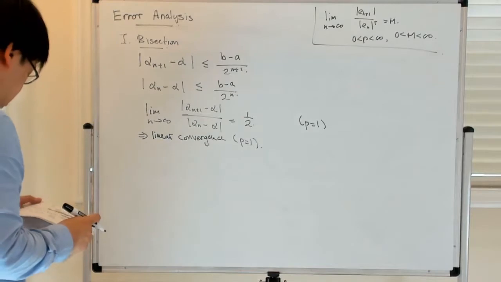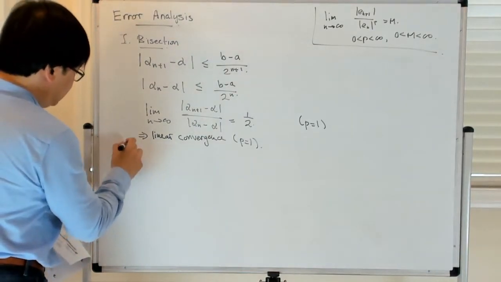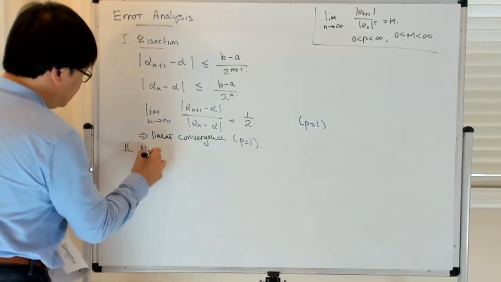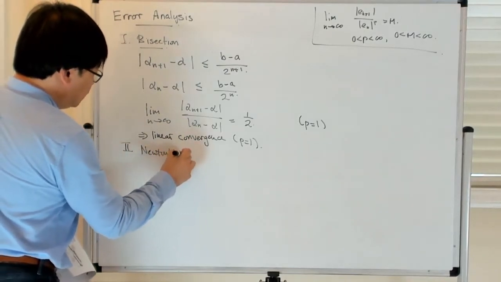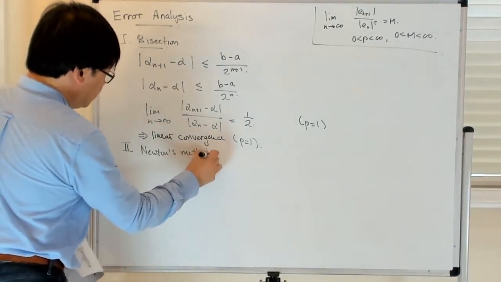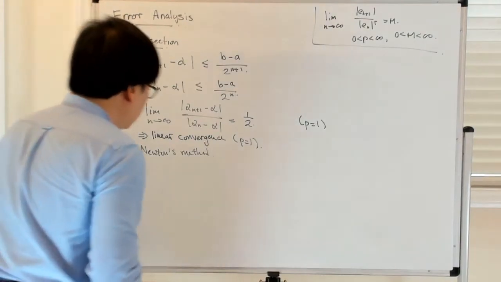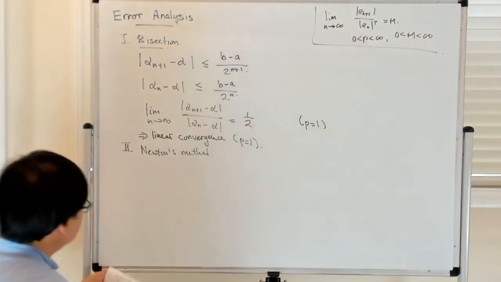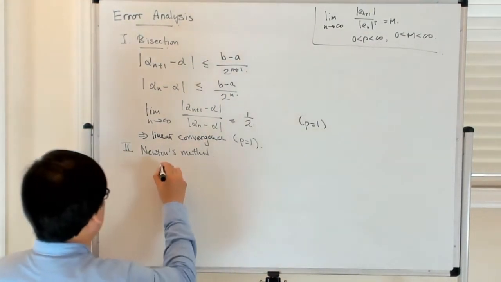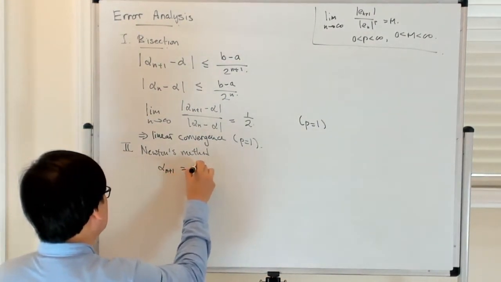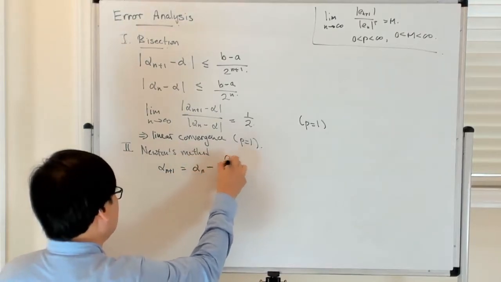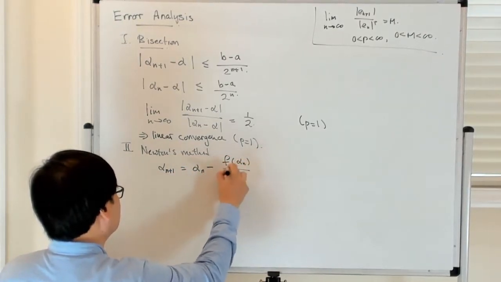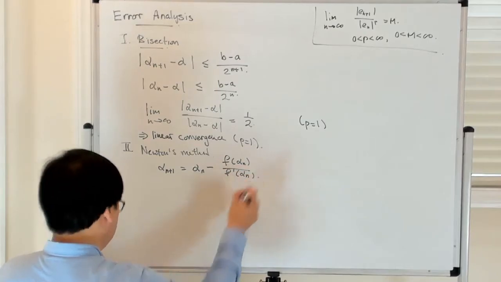All right. Okay, so let's look at the other case, which is Newton's method. And we want to establish a similar error result. Okay, so we have that alpha n plus 1 is equal to alpha n minus f at alpha n over f prime at alpha n.